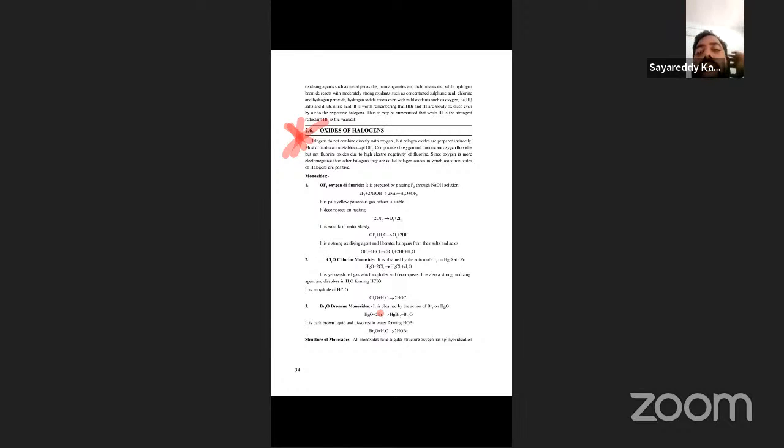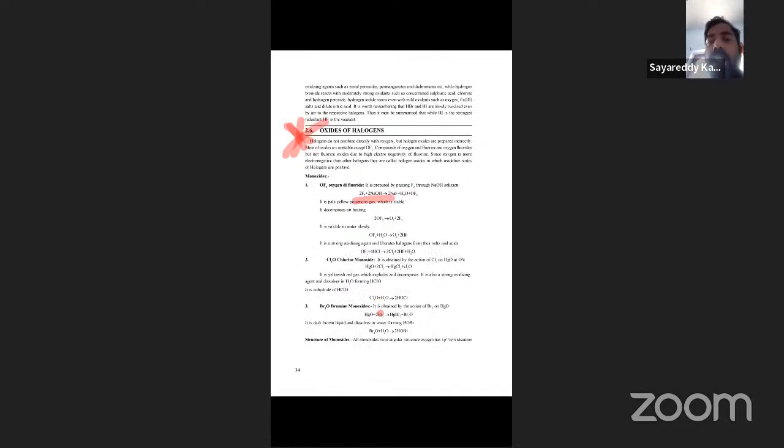It is prepared by passing F2 gas through NaOH solution. See the reaction.